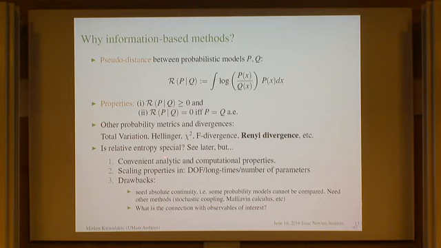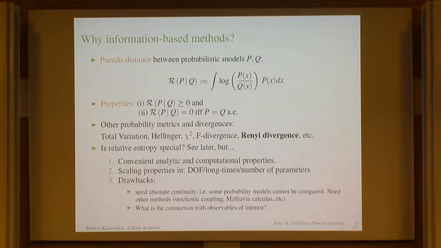So is this special? Why are people using this? It's analytically convenient, and we'll see that in action when we do some calculations. It has important computational properties: you can sample from it if you're careful.